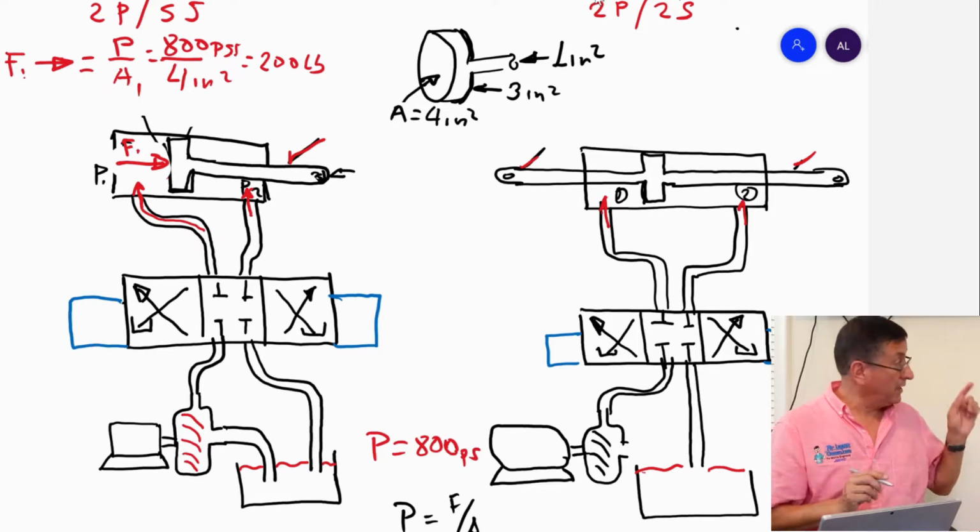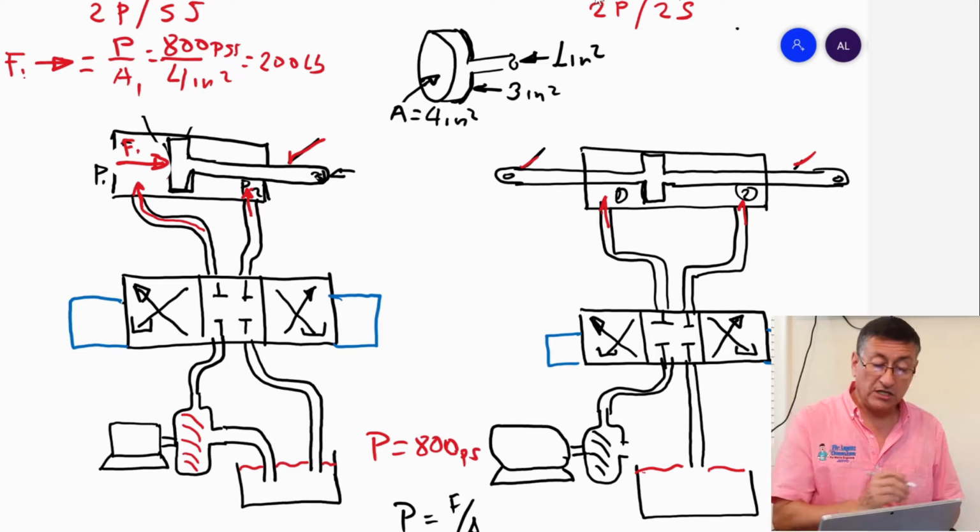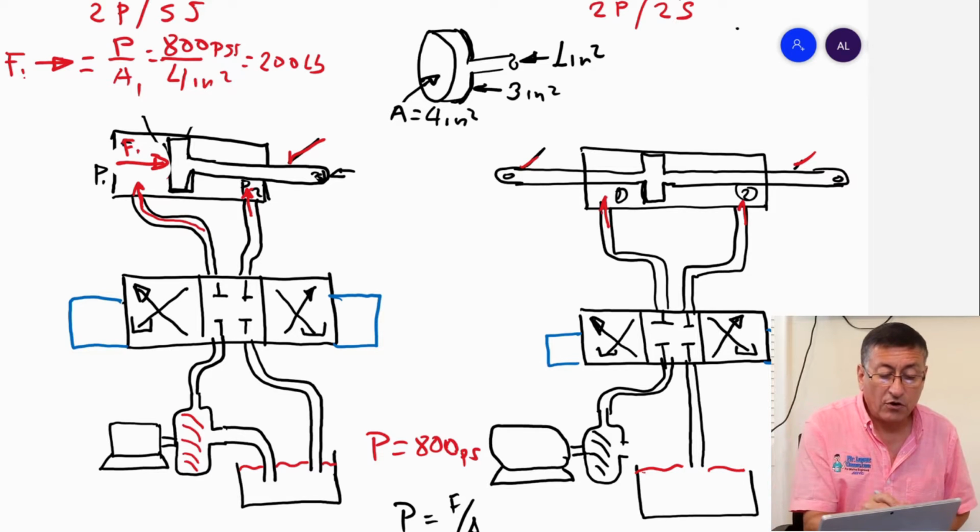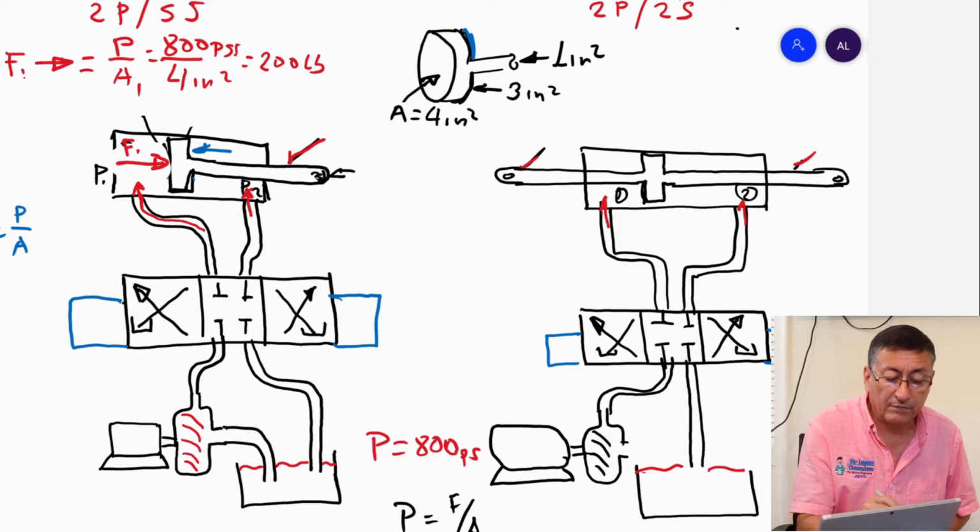And what about the force in the other direction? The force in this direction, force number 2, is the pressure divided by the area, the blue area, this one.